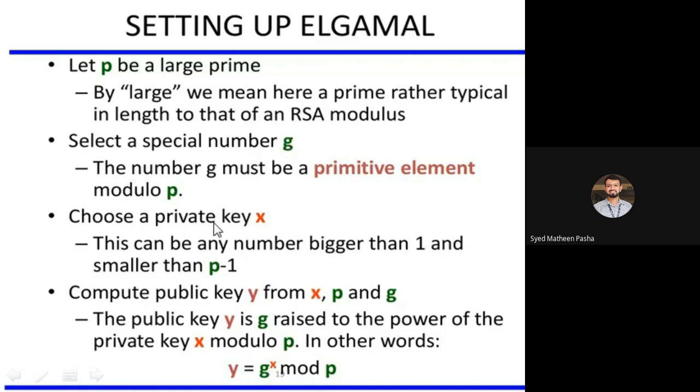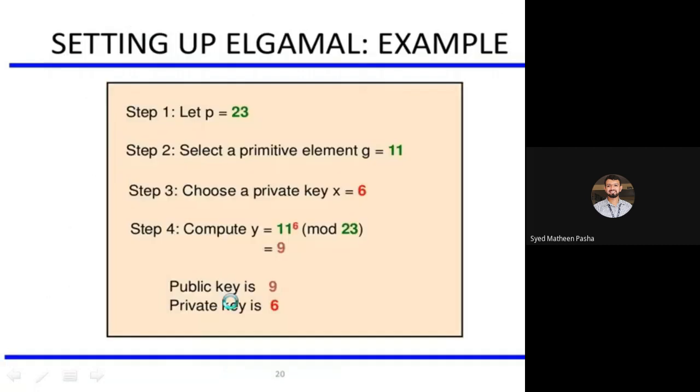X is nothing but the private key you have assumed based on the condition bigger than 1 as well as smaller than P minus 1, and then mod P is the special number. So once I get this, I'll calculate the public key. Based on the assumptions, you will get some public key. So that was about the ElGamal technique, where you are just calculating a public key.